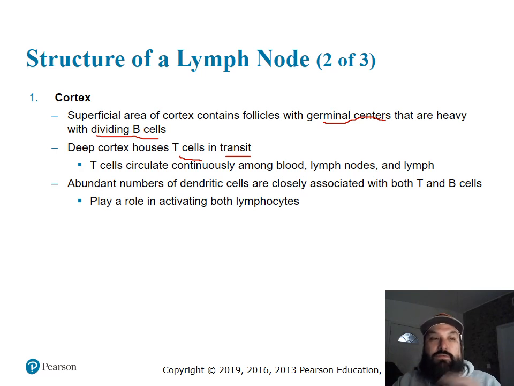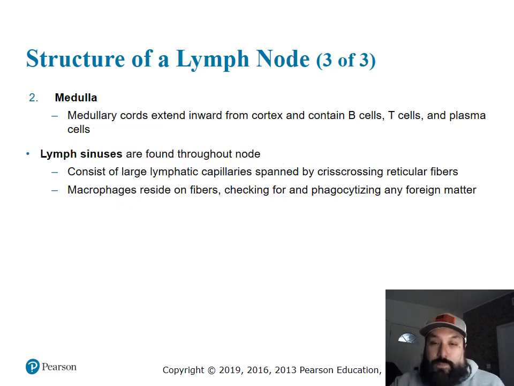Since we have many of them, they're randomly going to be in the lymph node and then be taken into circulation in the lymph to other lymph nodes. So that's really how they're working themselves. There are also dendritic cells that you're going to find in the cortex. Those dendritic cells activate the T cells, and they also undergo phagocytosis sometimes.